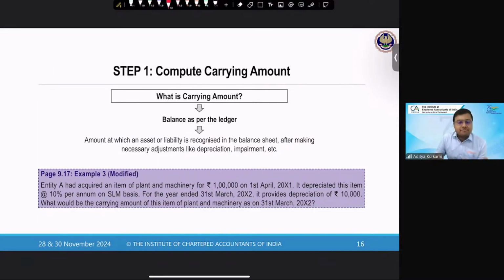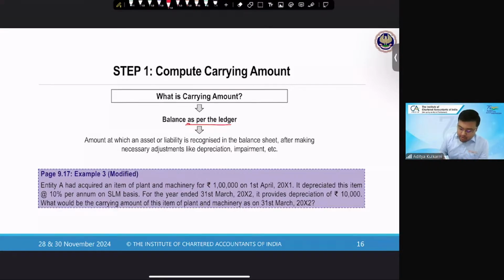Saral bhasha mein, in simple accounting, layman's terms, it is the ledger balance. जो आपके ट्रायल बैलेंस में जो बैलेंस attributable to that asset or liability, that is your carrying amount. See, I don't pride myself on understanding technical language, but make things simple to understand.